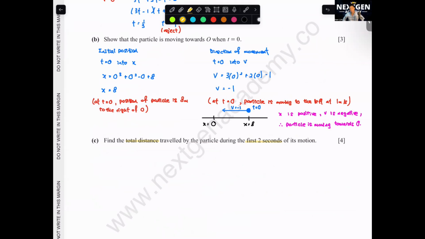If we change the question to total displacement, you need to check displacement. But for total distance, not just the displacement. What do we need to ask first? When the question asks us to find the total distance of the particle, what do you think? Hello, you have tried this question, right?